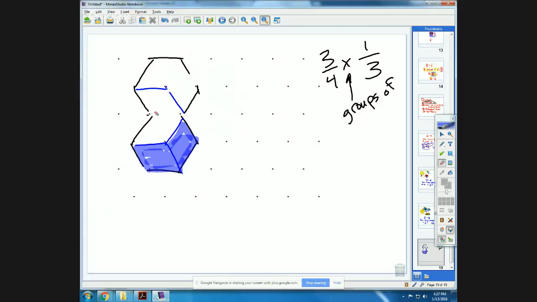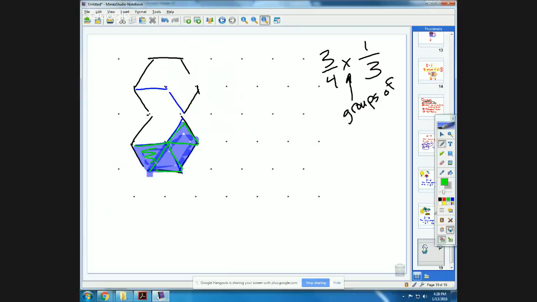So there's 1/3. Now I want to take that 1/3 piece shaded there and see if I can identify 3/4. What shape comes to mind to do that? Green triangle. Okay, so if I think green triangle, switch to green. Check it out, I've got 4 of them in there.